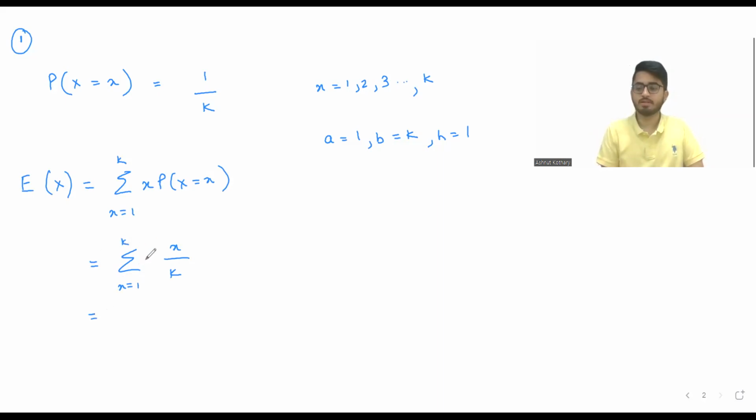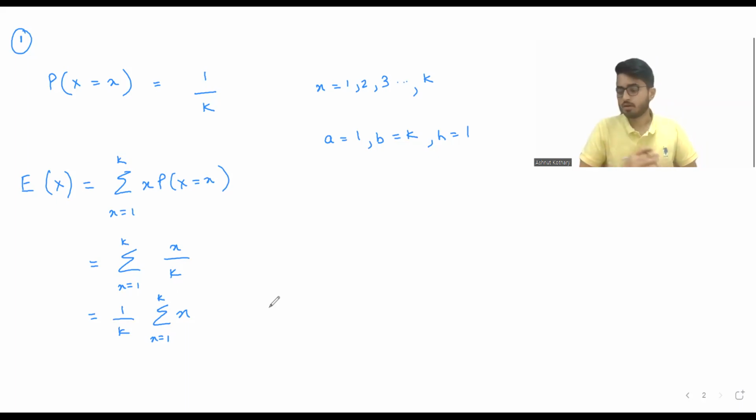Now this summation is against x, so we can take the k outside. This will be 1 by k summation x, x running from 1 to k. Now try to familiarize yourself with dealing with the summation.